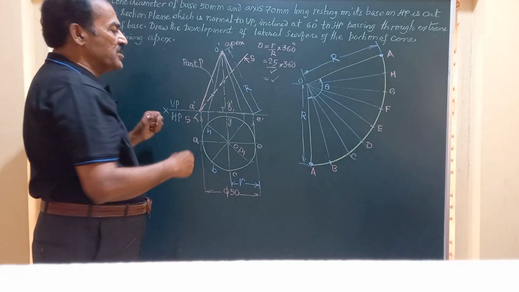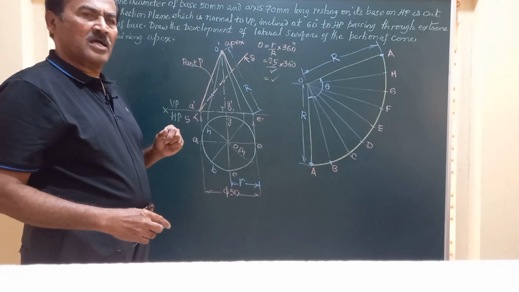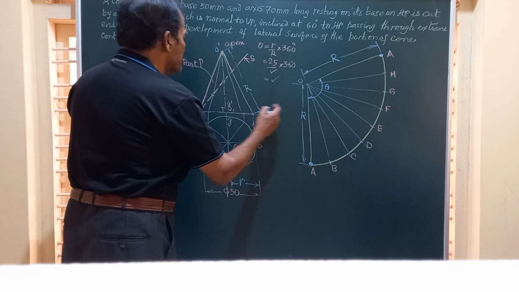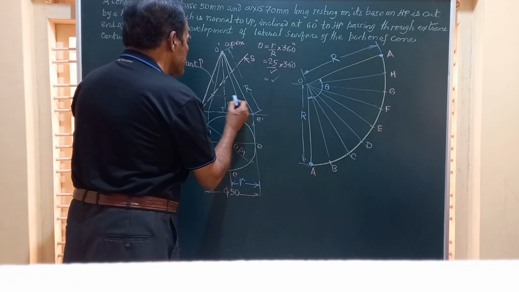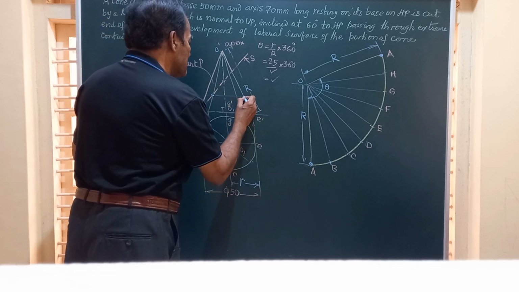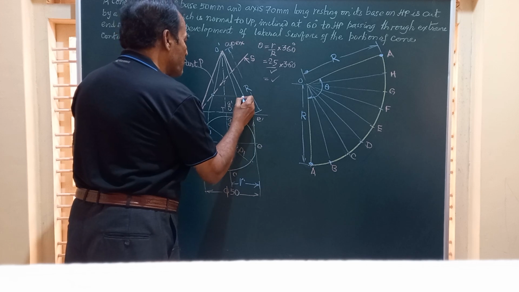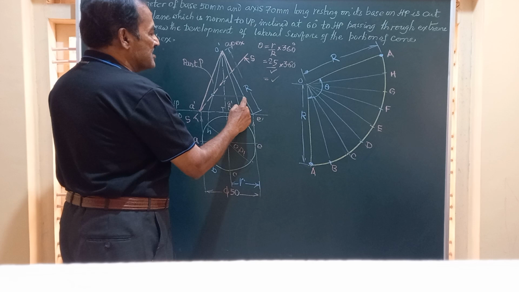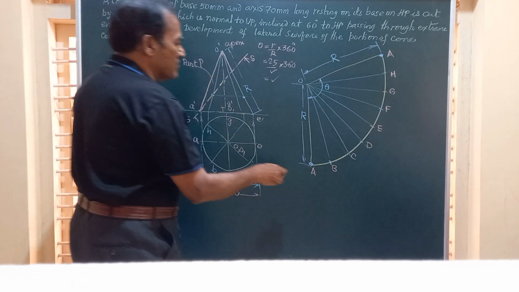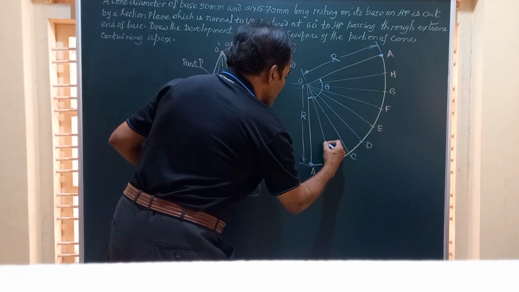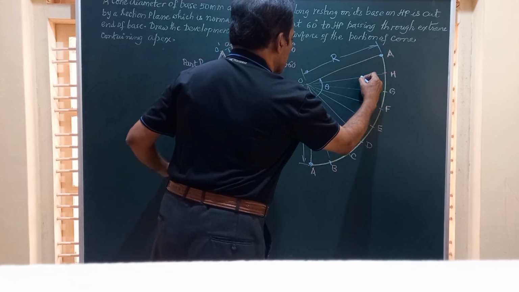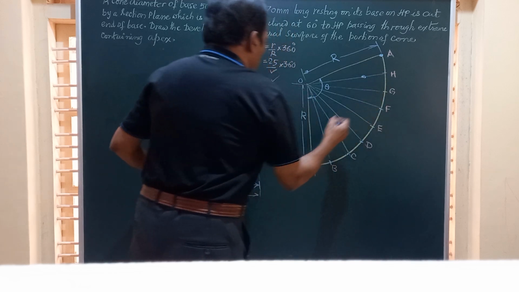But OB and OH, the generators, are not true length. Hence, I am going to shift it either to the right or to the left. I can shift it to the right and mark this point on OB and OH. So this distance has to be marked from here on OB and also on OH. So this is on OB and this point is on OH.